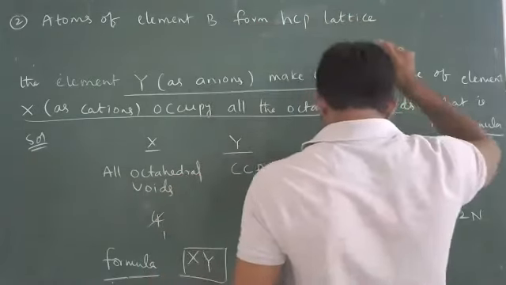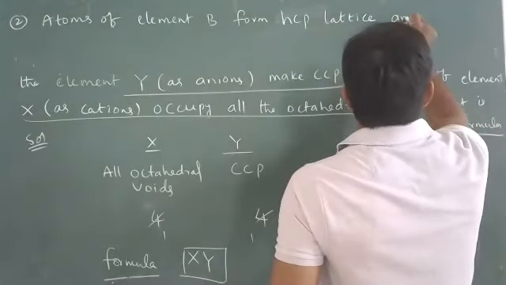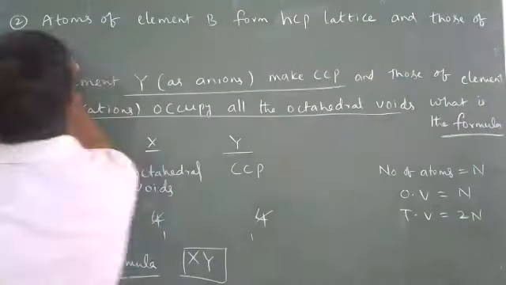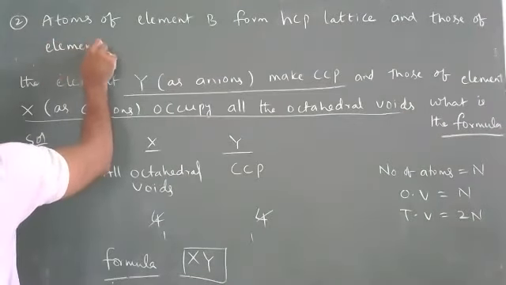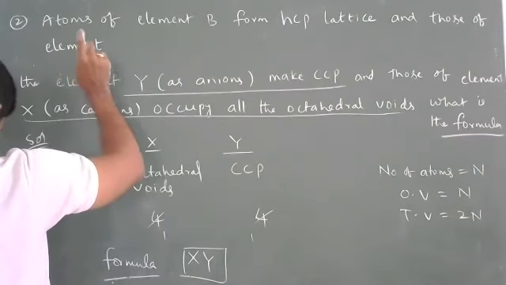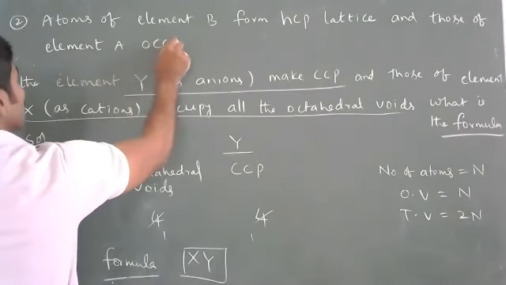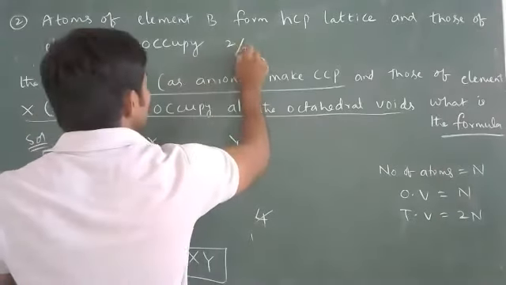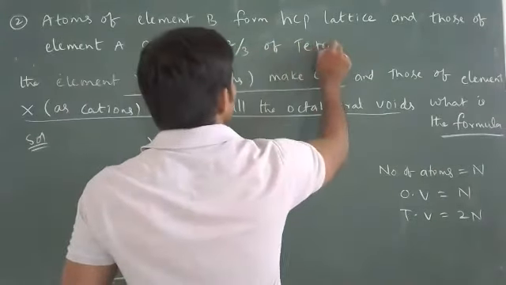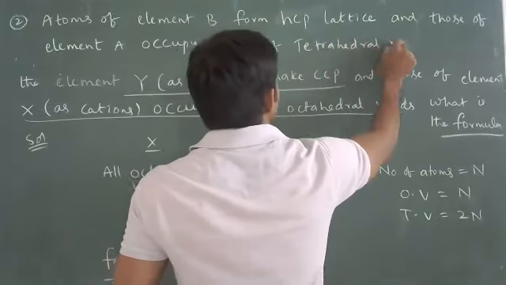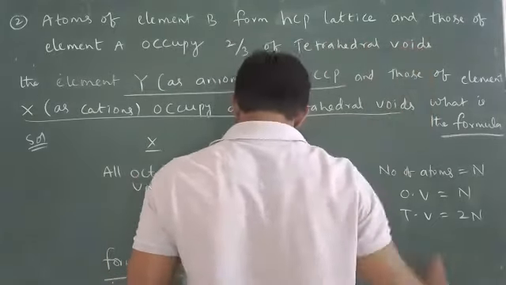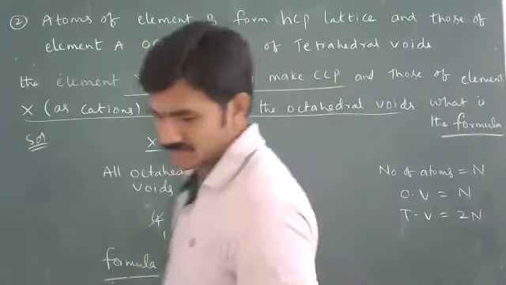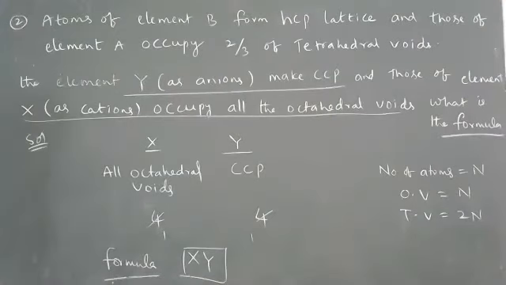It is given like this only. And those of element A occupy 2/3 of tetrahedral voids. What is the formula? Find out the formula now.